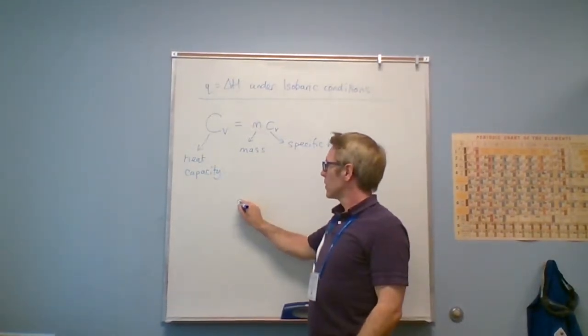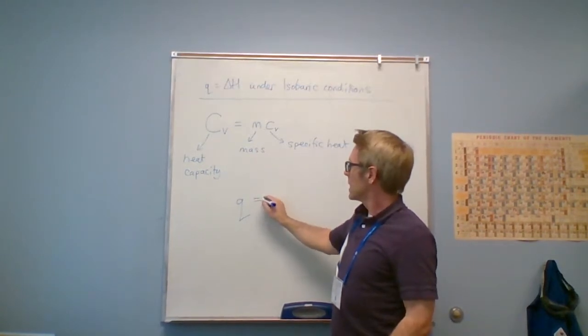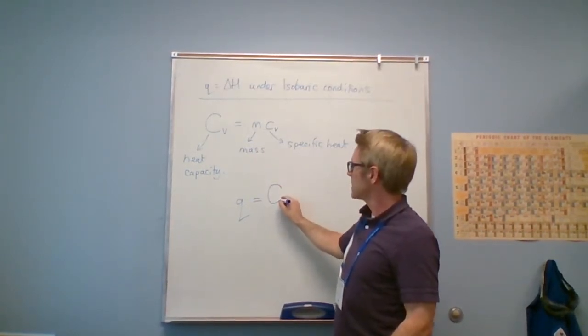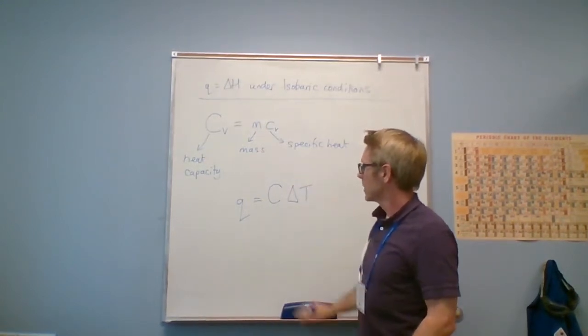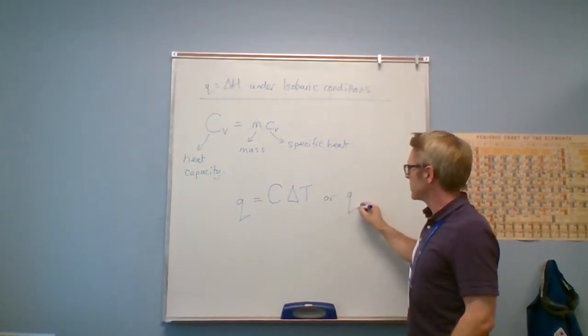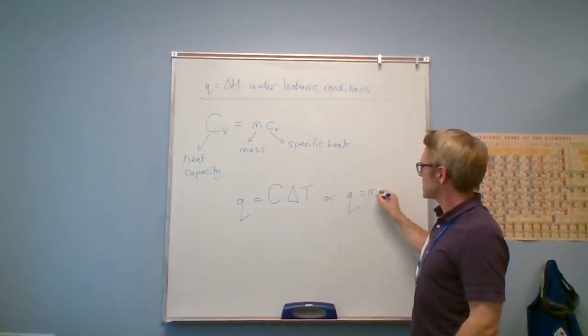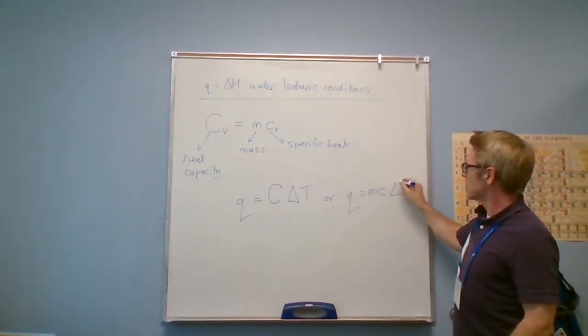In general, we have an equation: heat is equal to heat capacity times the change in temperature. Or we could say in general heat is equal to mass times specific heat times change in temperature.